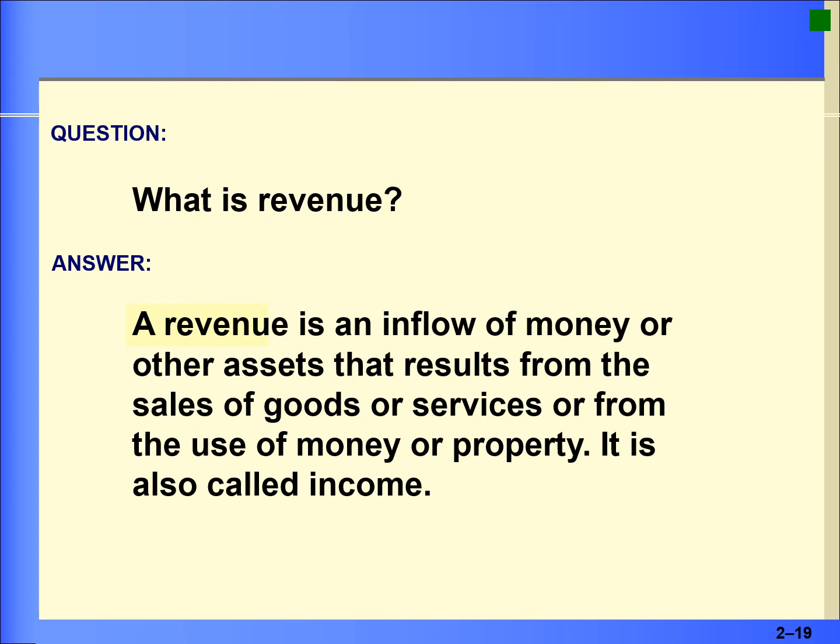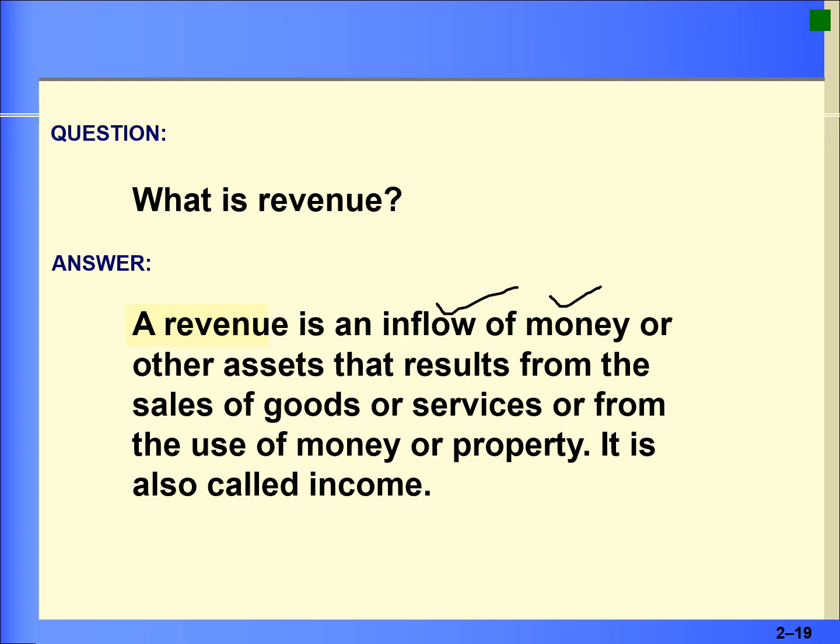Okay, so you'll hear us talk about revenue pretty much all semester. Revenue is basically how a business earns its money. It's an inflow of money from a business doing its normal operations, depending on what the business is. If it's a merchandiser like Walmart, they're going to get their revenue from selling merchandise.